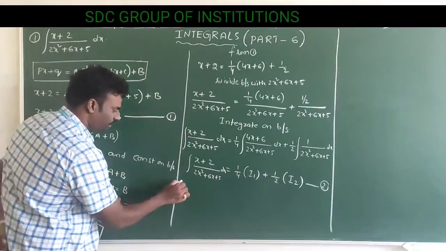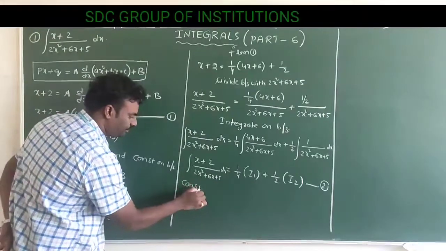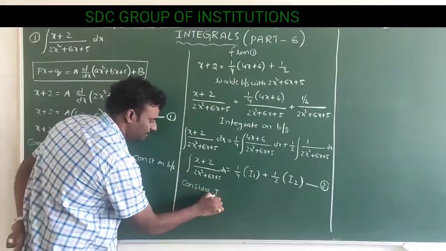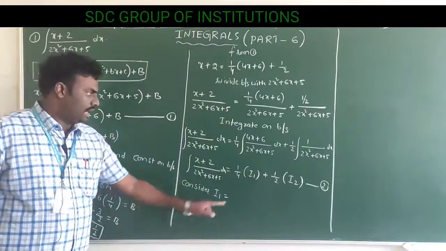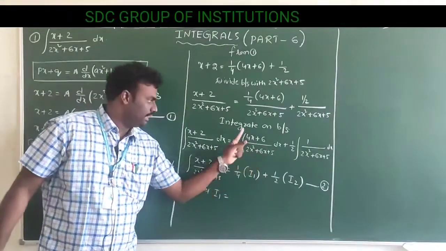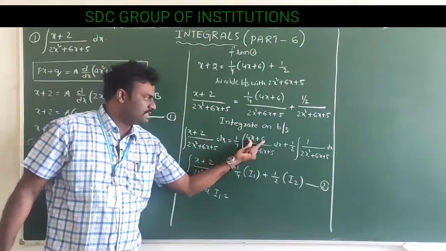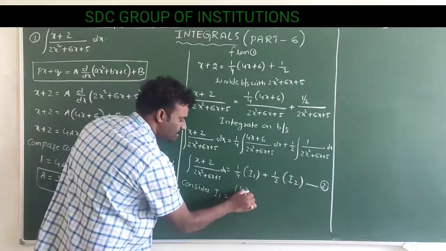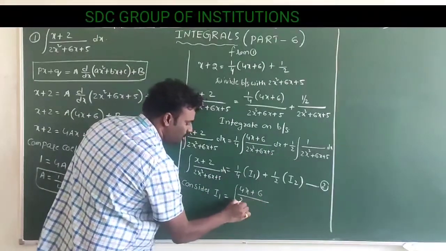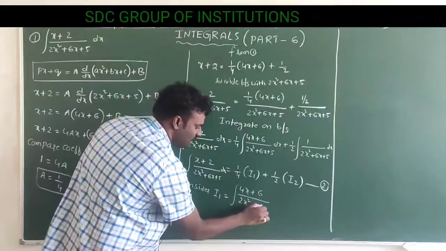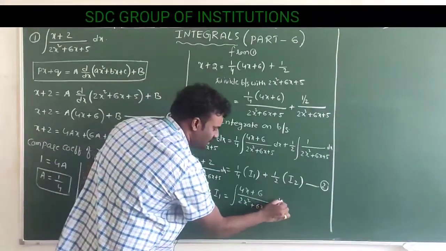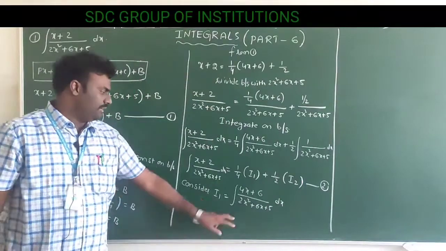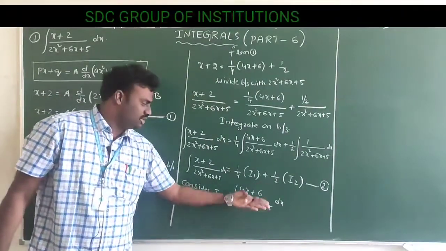First, consider I1. I1 is nothing but this total integration of (4x + 6) / (2x² + 6x + 5) dx. See, the derivative of the denominator is present in the numerator. Why?